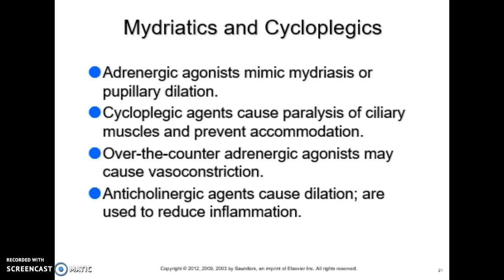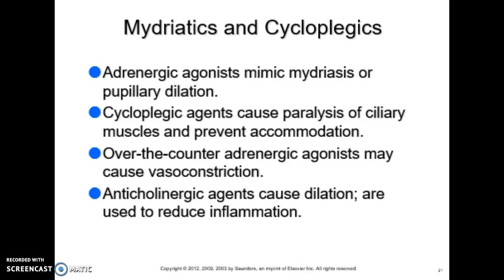Let's look at mydriatics and cycloplegics. Adrenergic agonists mimic pupillary dilation. Cycloplegic agents cause paralysis of the ciliary muscles and prevent accommodation. Over-the-counter adrenergic agonists may cause vasoconstriction, and anticholinergic agents cause dilation and are used to reduce inflammation.